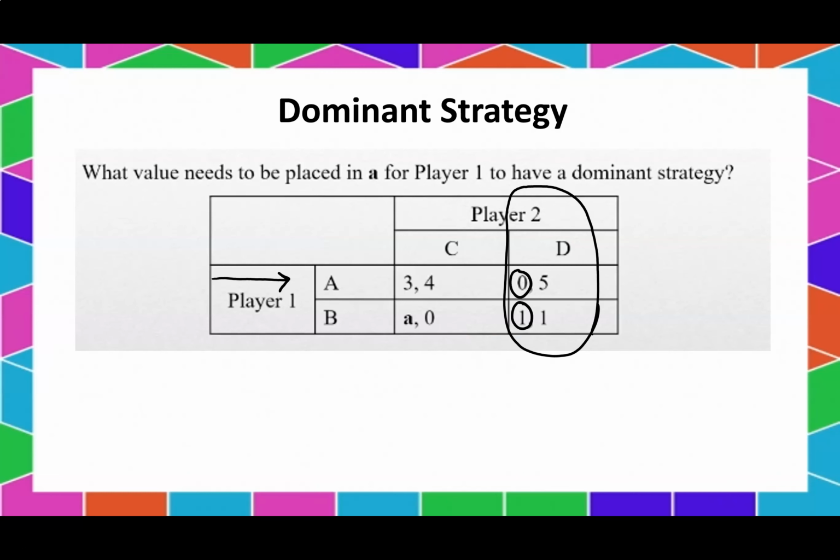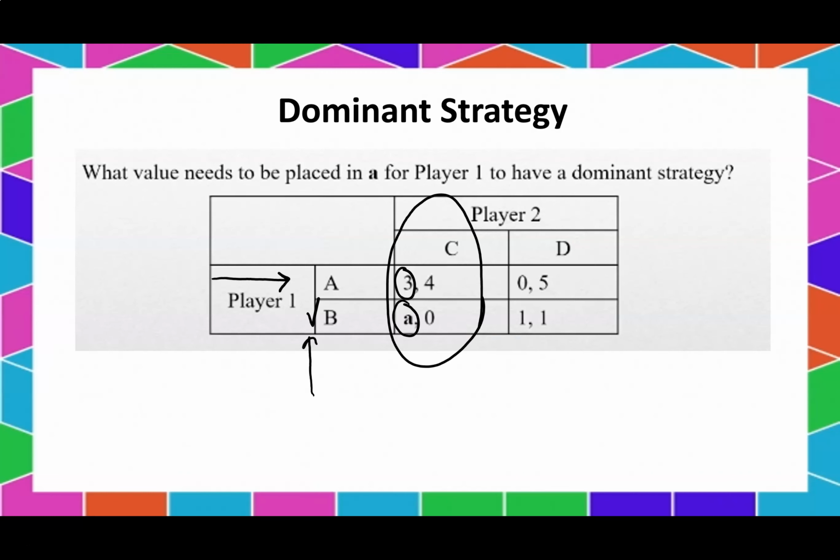So here, if player 2 chose D, the B is the better option to choose because 1 is bigger than 0. Now let's say that player 2 instead chose C. Well, we are comparing 3 and A. And since there's already a check mark here, in order to have a dominant strategy, you need 2 check marks. So we would need this A to be 3 or bigger.